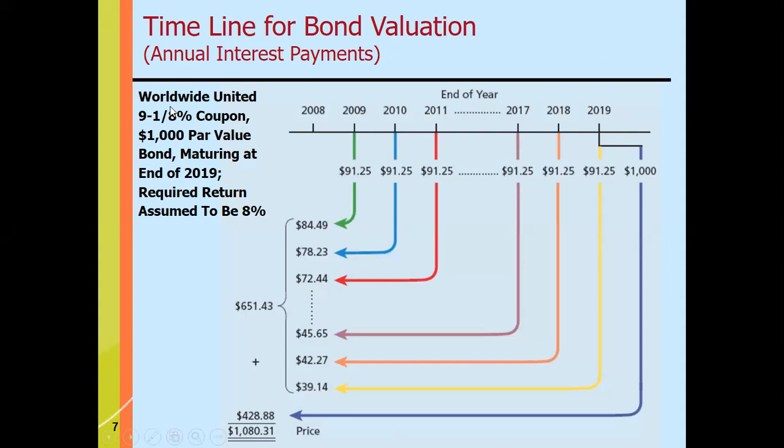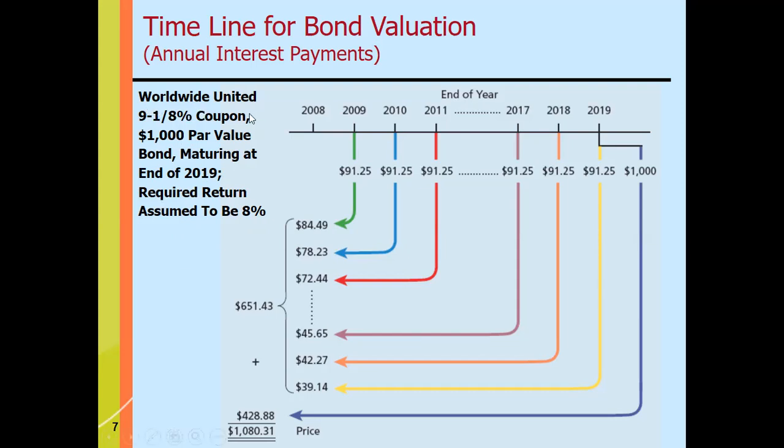Okay, so example, a timeline for bond valuation with annual interest payments. Assuming that we have a worldwide united 9 and 1/8% coupon, with a $1,000 par value bond maturing at the end of 2019 and the required return assumed to be 8%. To be able to compute, we need to know, of course, what these given items are.